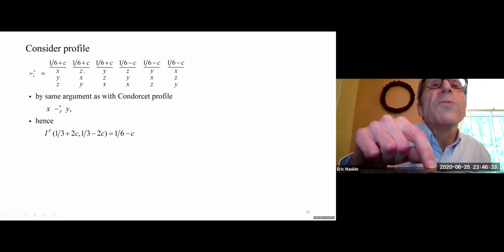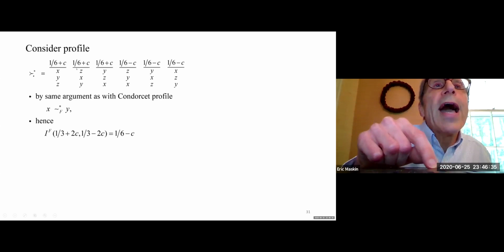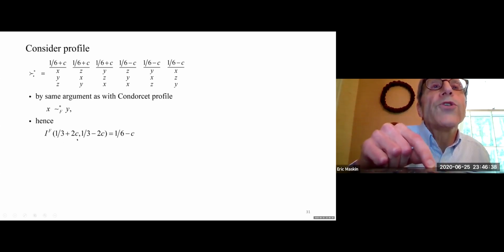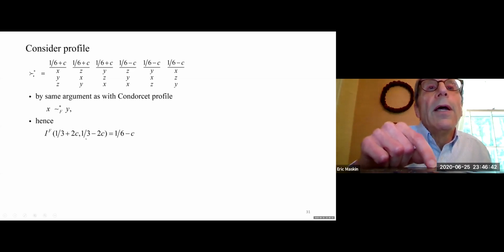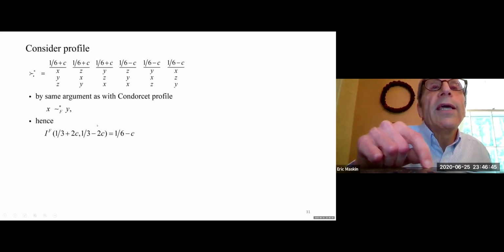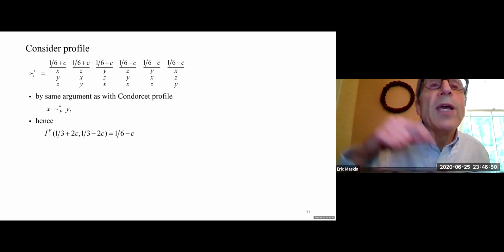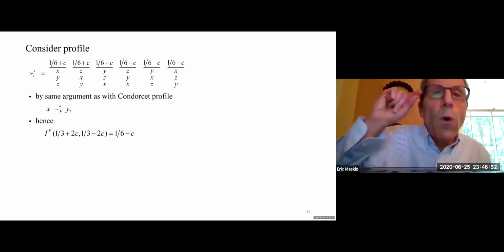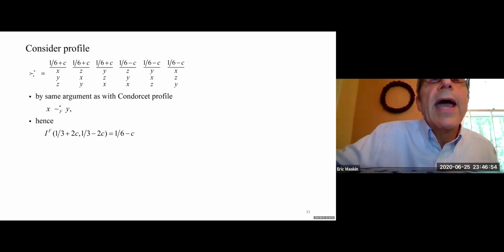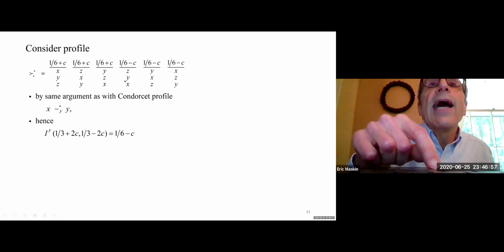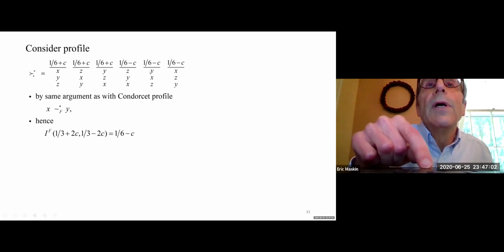In this case, z is above x and y. So the total fraction here is 1/3 plus 2c. That's where the 1/3 plus 2c comes from. Now, the argument here is alpha yx. That's the fraction of people who rank y above x and also don't put z between x and y. And that's these people here and these people here. And that adds up to 1/3 minus 2c.